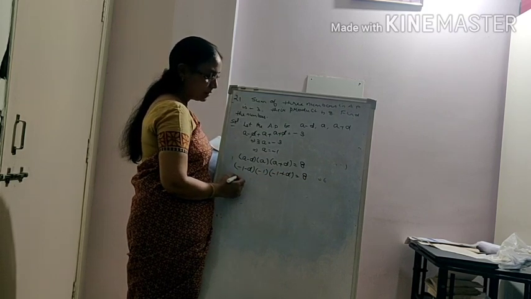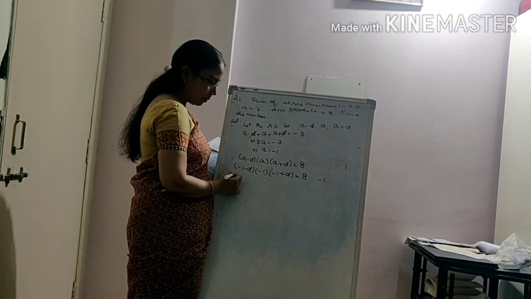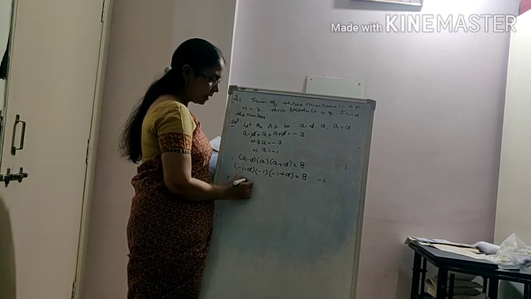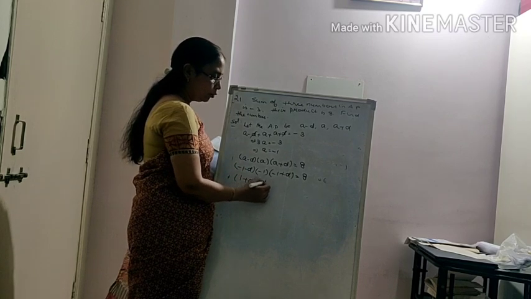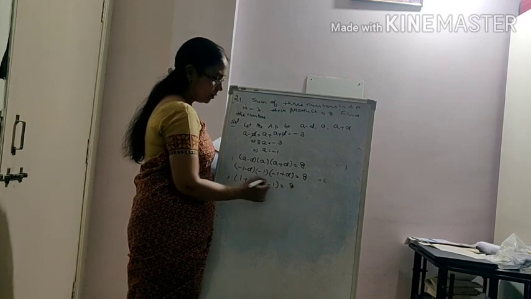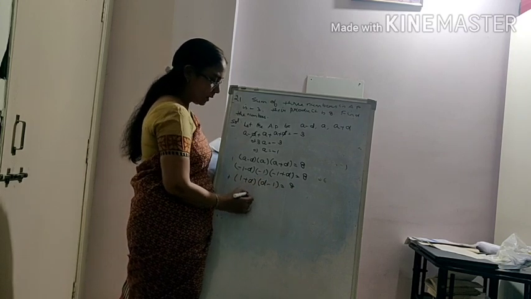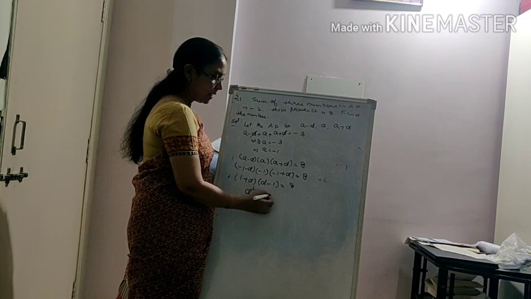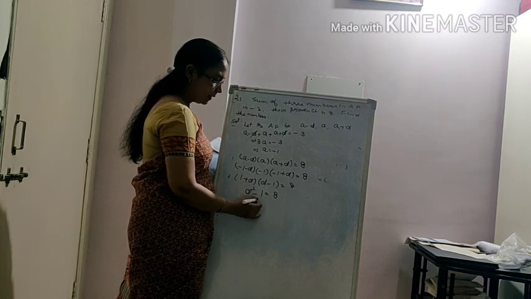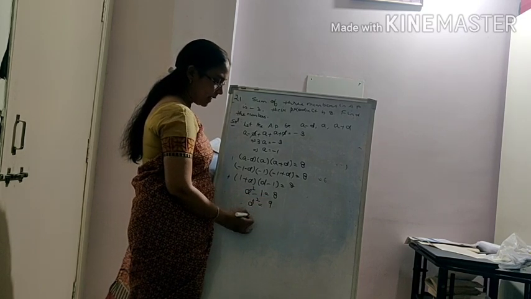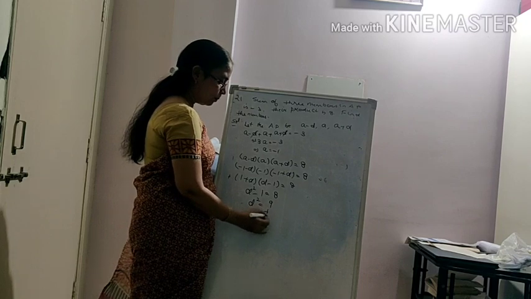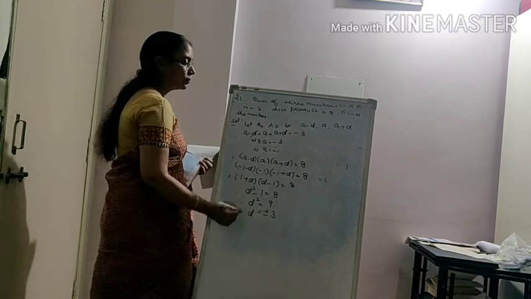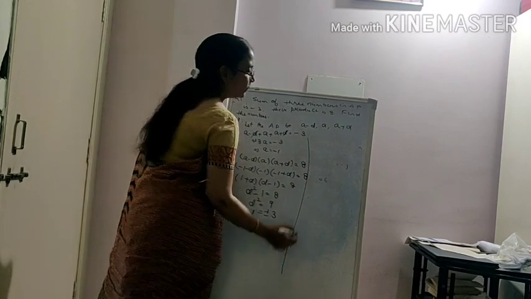I can take minus common here also. So it will become 1 plus D into D minus 1, or you can say D plus 1 into D minus 1. So it will become D square minus 1 is equal to 8. D square is equal to 9. D is equal to plus or minus 3. Now write down the terms.